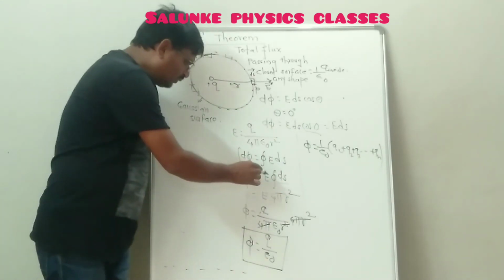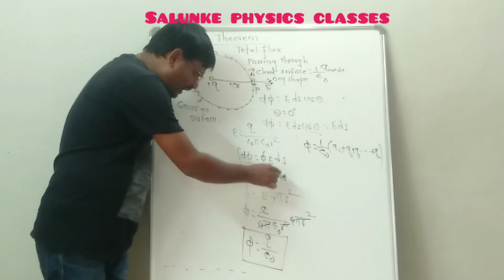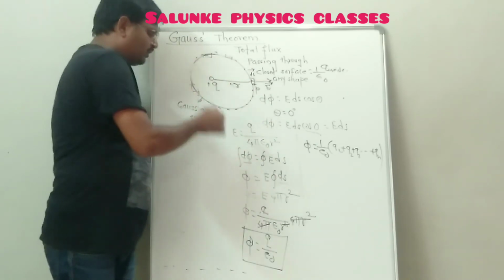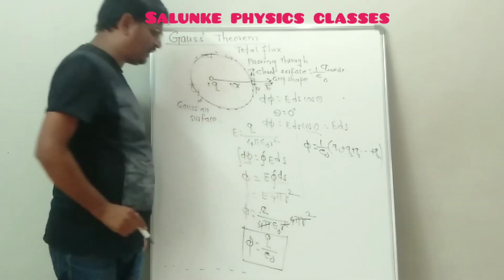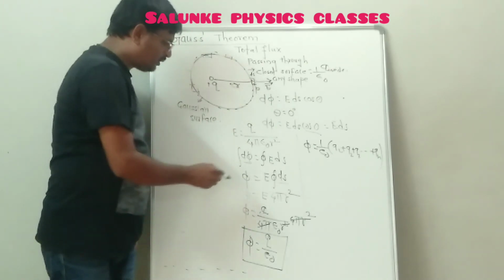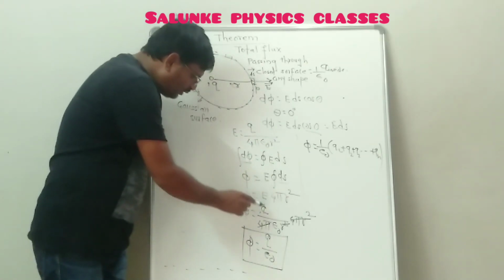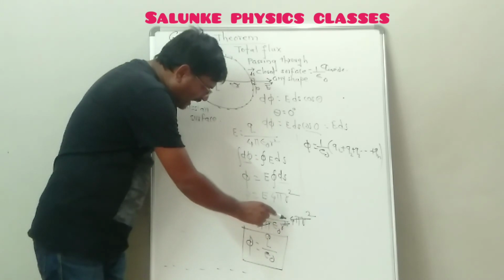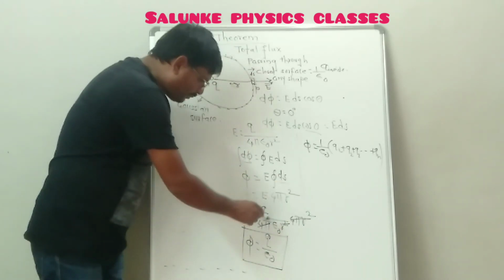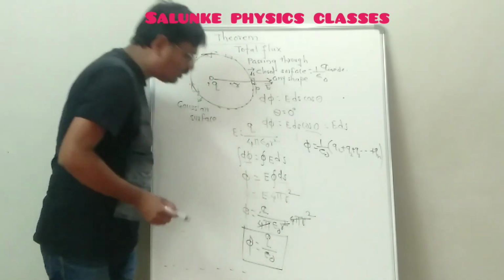Phi is equal to E times integration of ds. The value of integration of ds is nothing but the entire area of the sphere, which is equal to 4 pi r square. Phi is equal to, putting the value of capital E, q upon 4 pi epsilon naught r square times 4 pi r square. 4 pi r square gets cancelled.